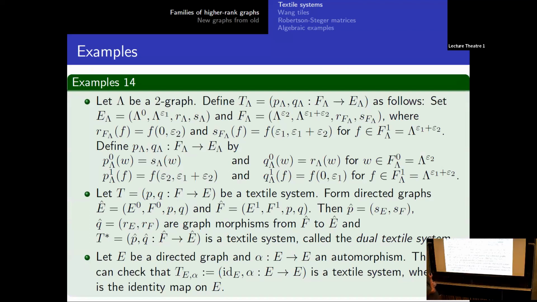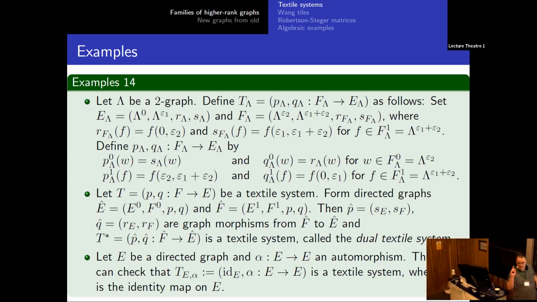So here's how you get to a 2-graph. You build a category out of the data as follows. Oh, sorry, jumping ahead of myself. So inside every 2-graph is a textile system.